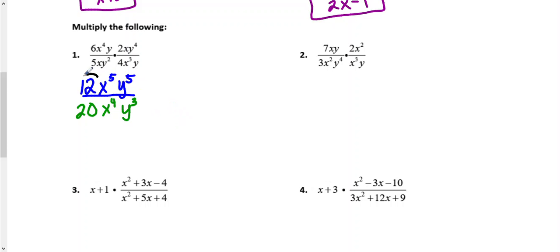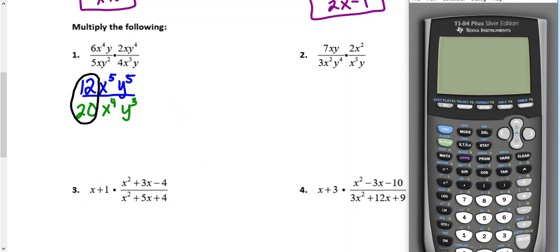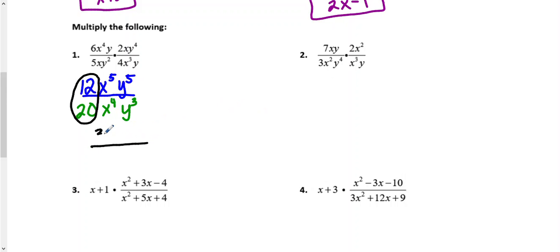Then we can simplify. So 12 divided by 20. Again, we can go to our calculator and we can type 12 divided by 20, enter, then math, enter, enter, 3 over 5. So in my new fraction, I'm going to have 3 over 5.